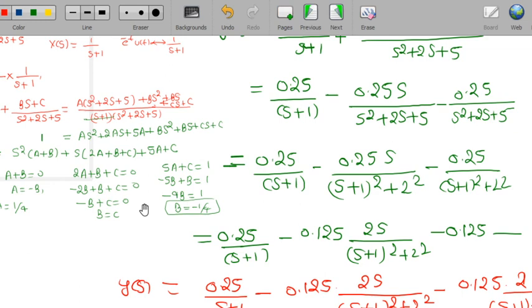So this is the y of t we get. Simply, y of t equals 0.25 e to the power minus t minus 0.25 cos 2t into e to the power minus t, and minus 0.125 e to the power minus t into sin 2t. This is what we get, and now come to the last part.